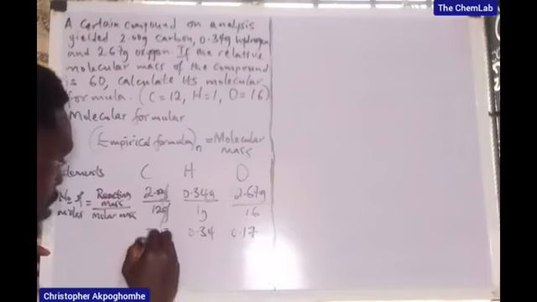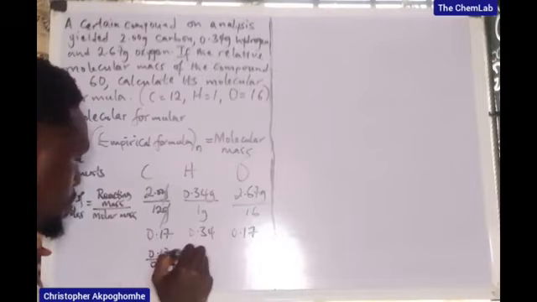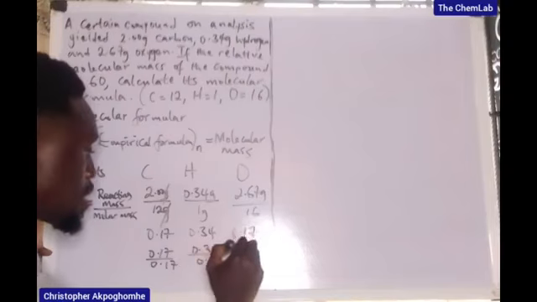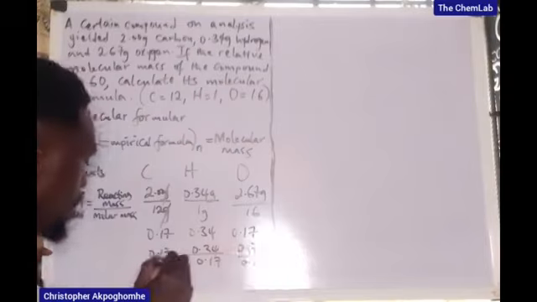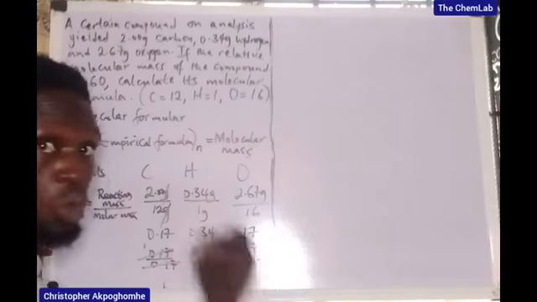So 0.17 divided by 0.17 gives us 1, 0.34 divided by 0.17 gives us 2, and 0.17 divided by 0.17 gives us 1.